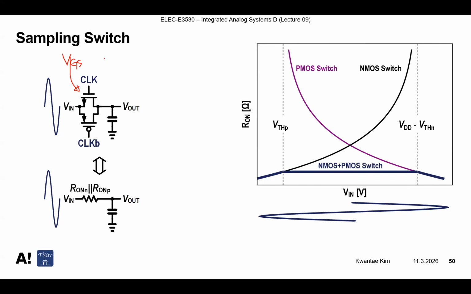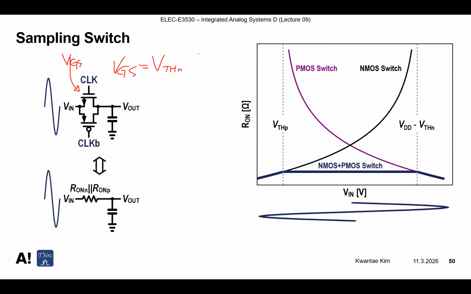So R on is increasing, until it fully turns off. In theory, it turns off, sorry, it turns off the NMOS switch as it touches VDD minus V threshold of the NMOS switch, because this is the point where VGS is equal to V threshold for the NMOS switch.